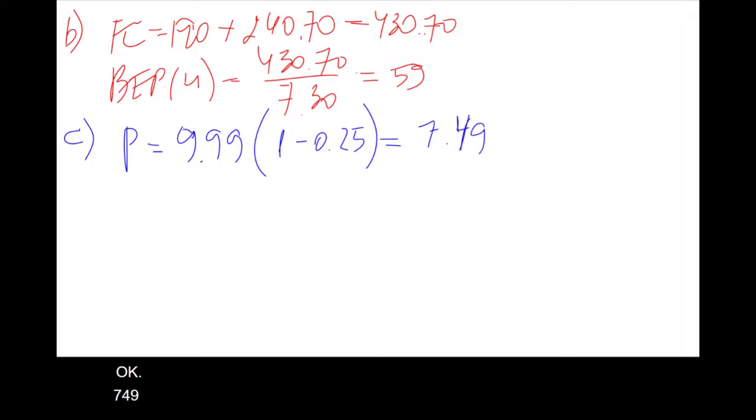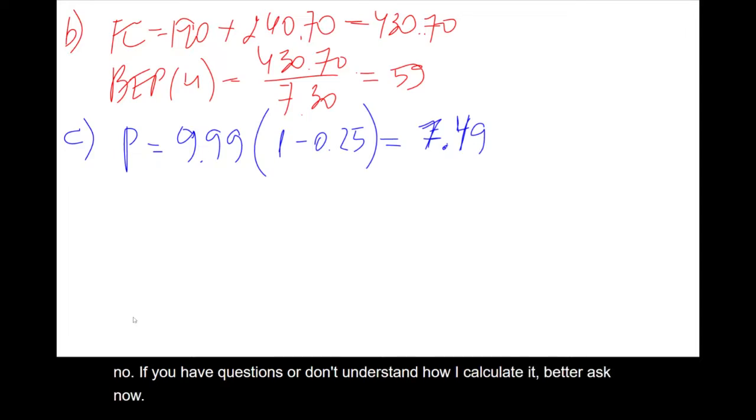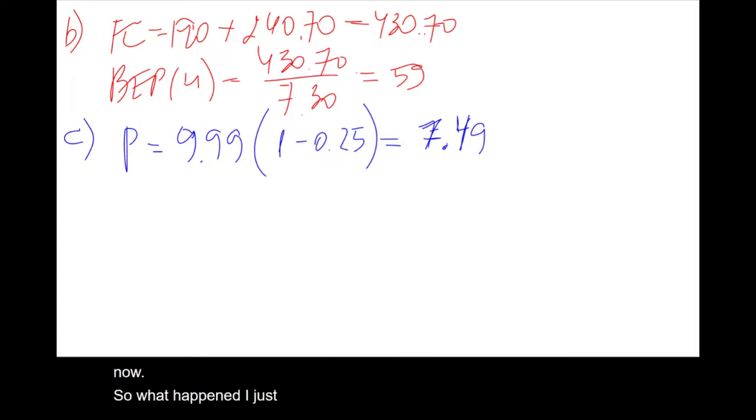Now, if you have questions or don't understand how I calculated it, better ask now. So what happened? I just reduced price by 25%. But why did you put a 1 minus 0.25?